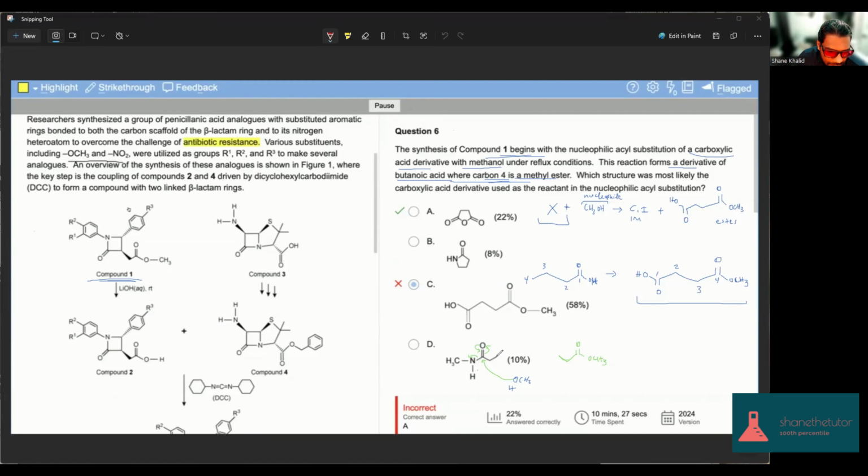Now, if we count the carbons, we have 1, 2, 3, a three carbon chain. And we want our original compound to have enough for one, two, three, and four. We want it to have four carbons, and we don't get that here.